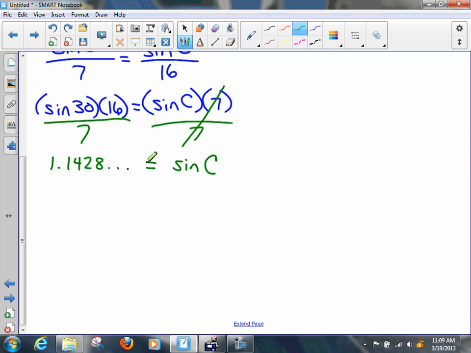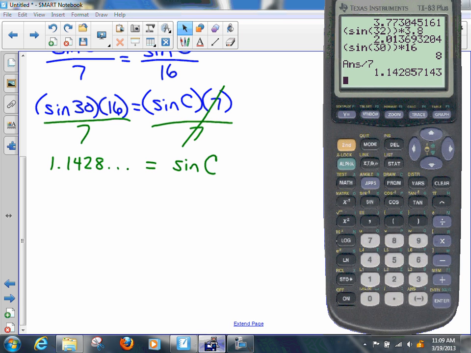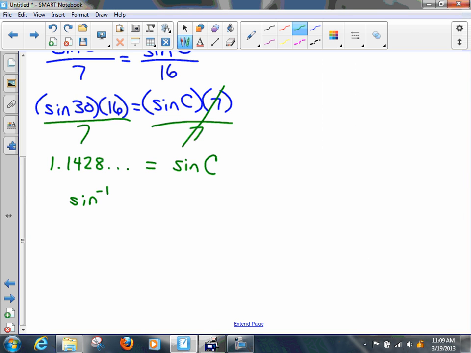Now, I want you to look at it. How am I going to find angle C? Do I want to divide? I can't divide by sine. Do that negative 1 thing. We've got to take the inverse sine. So I'm going to switch this around, okay? And I'm going to write angle C is equal to inverse sine of 1.1428, blah, blah, blah.